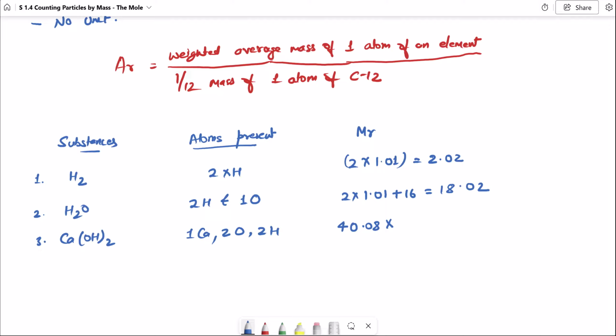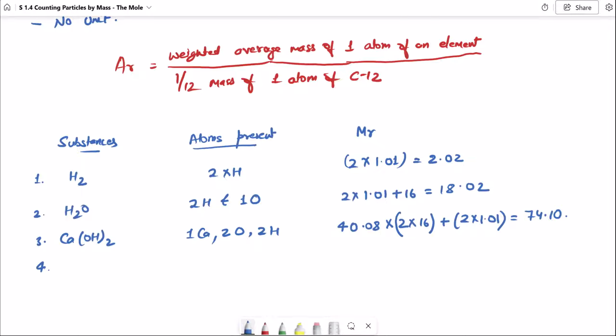So just see here, multiplied with whom? I'm putting a bracket, 2 into 16, close the bracket, and now plus again 2 into 1.01, and if you calculate, you will get 74.10, right? Why 2? Because OH is whole 2, that's why.